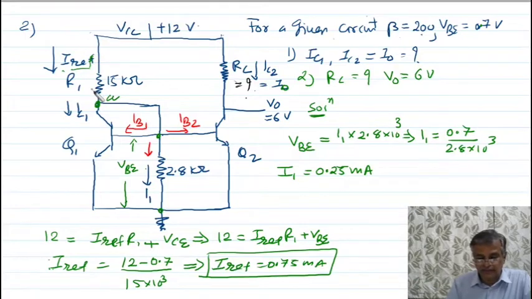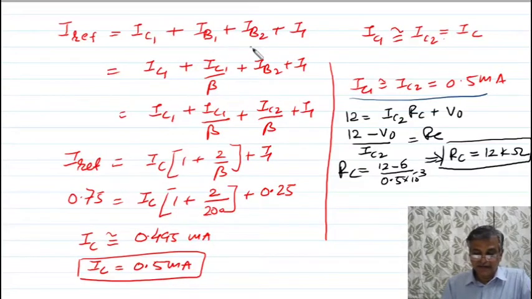Once you know the I reference and the I1, look at the equation: I reference is equal to IC1 plus IB1 plus IB2 plus I1. By using this, and since we have taken identical transistors, these two are nearly equal, so I can get the next step. By putting all these values, I reference, I1, you can calculate the IC, beta is known to you, beta is given. So this is your second numerical.